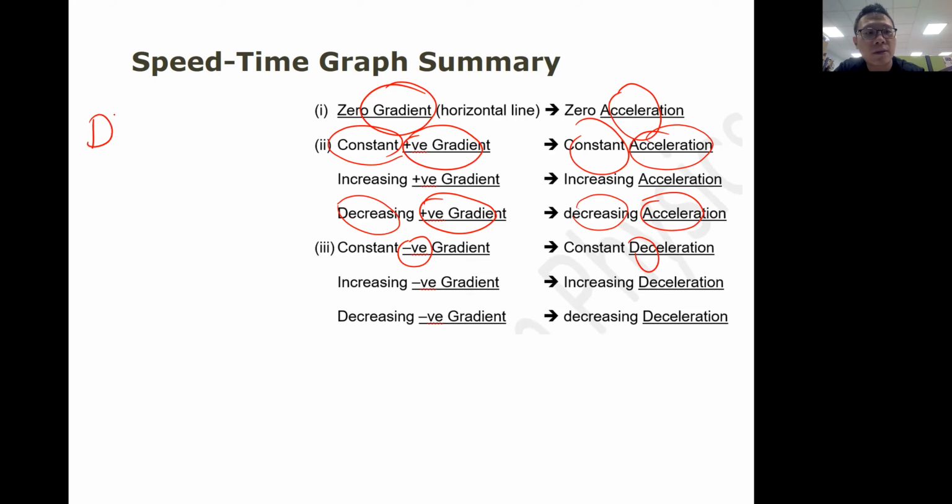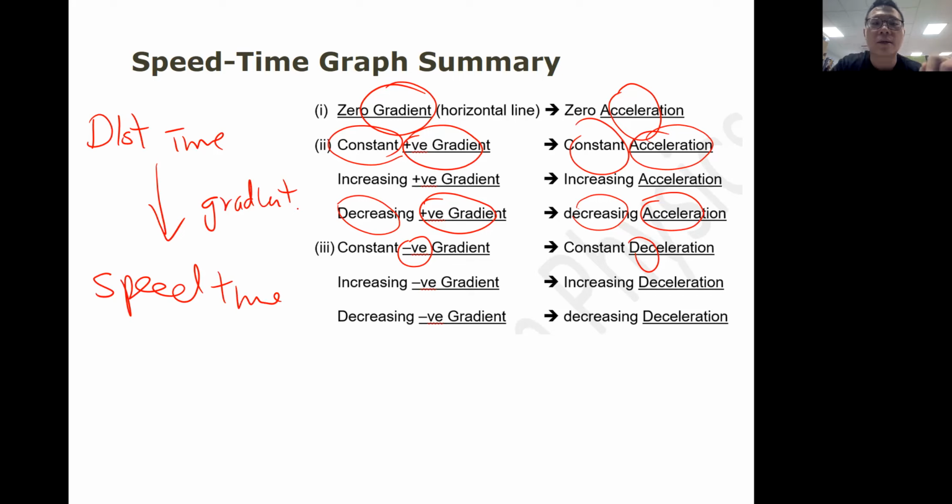If I have a distance time graph, how do I transform it to a speed time graph? I will look at the gradient, be it positive or negative. It will give me the speed, the next graph. For the speed time graph, if I look at the gradient, it will give me the information of the next graph, which is acceleration.